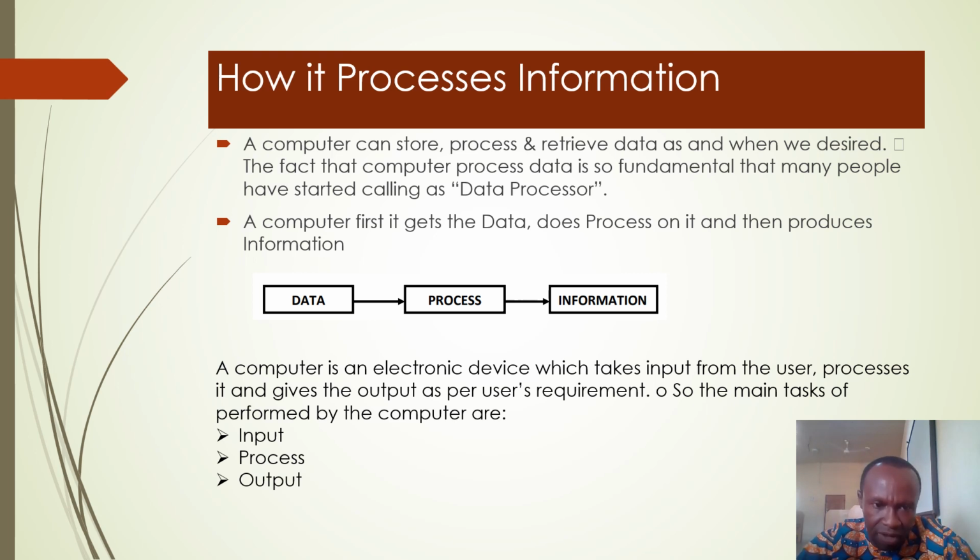Because it processes our data. A computer first gets the data, does processing on it, and then produces information. When you look at the diagram, you discover that the data has to be fed into the system, and when the data is being fed, the data will be processed, which will give us the information.